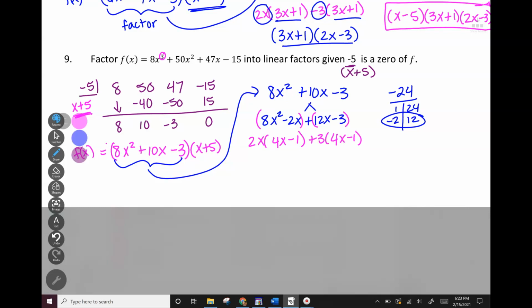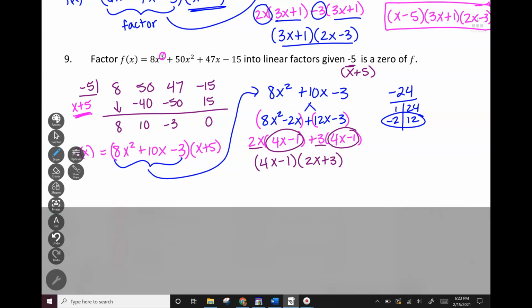You should always know factoring is going to come back up over and over again. Okay, so those are my two factors. Getting that 2x plus 3 from those two GCFs, and then the 4x minus 1 from those two factors there.